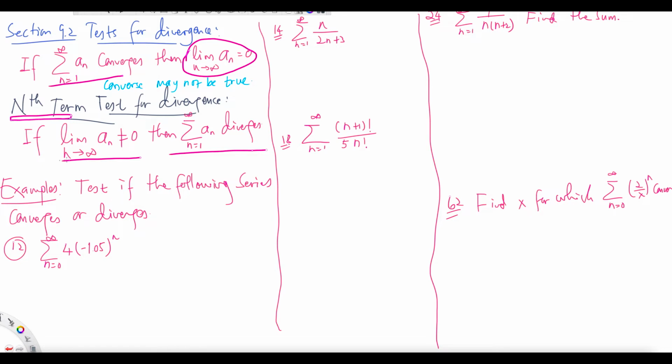And if the limit of the nth term is not 0, then the series always diverges, okay? That's a very, very important result that we can use to see that a series diverges, okay?